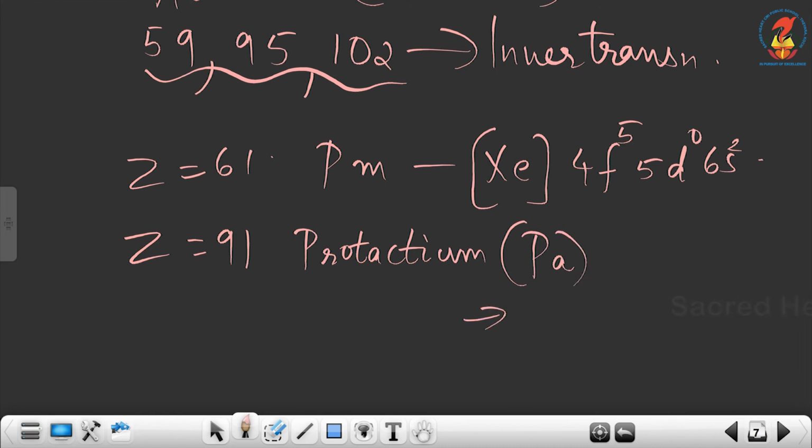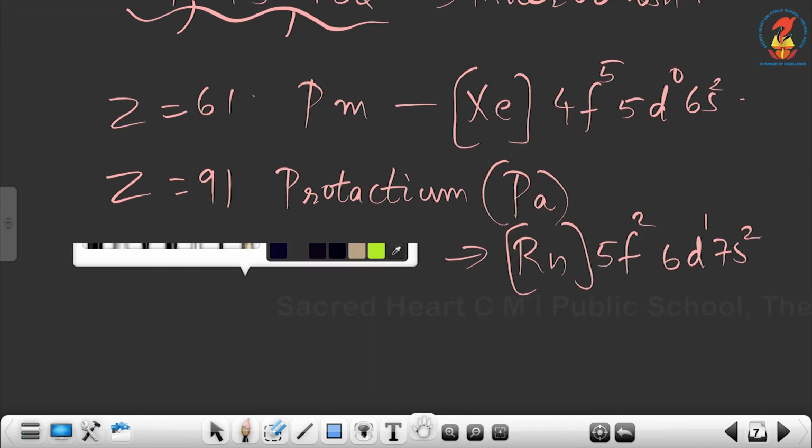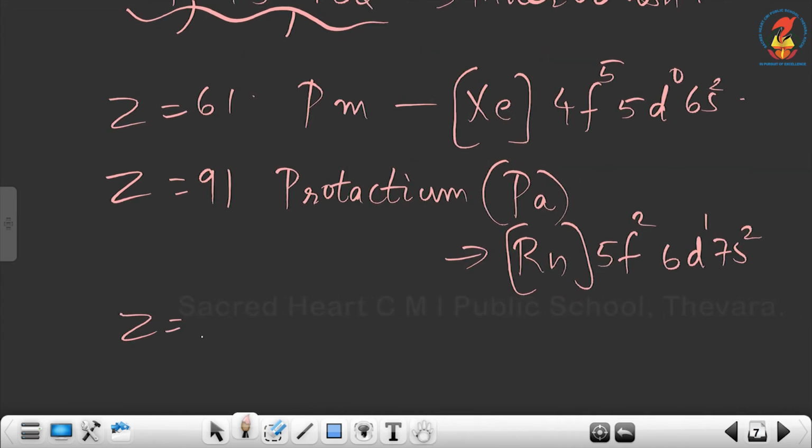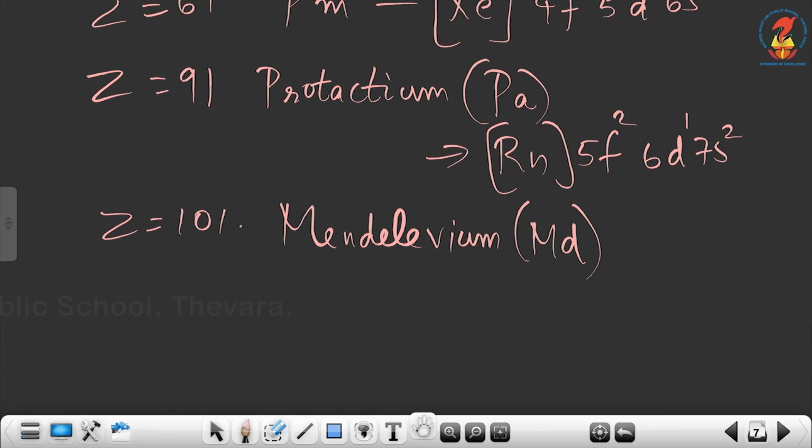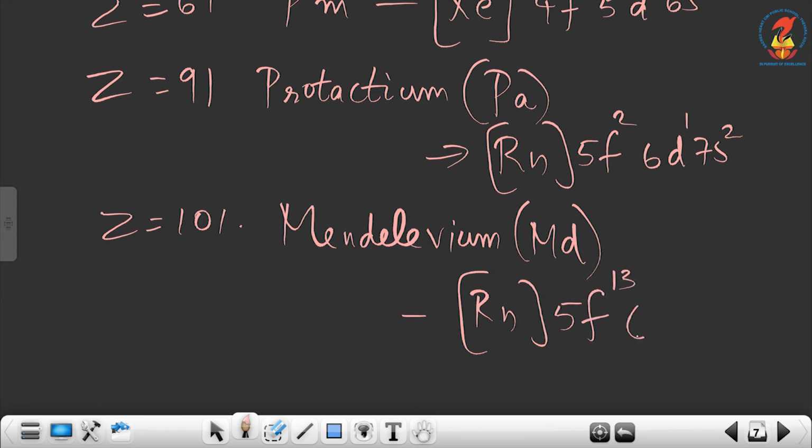The configuration of protactinium is radon 5f2 6d1 7s2, as it is an actinoid. The last one is atomic number 101. The element is mendelevium, with symbol Md, and mendelevium is also an actinoid, so its electronic configuration is radon 5f13 6d0 7s2.